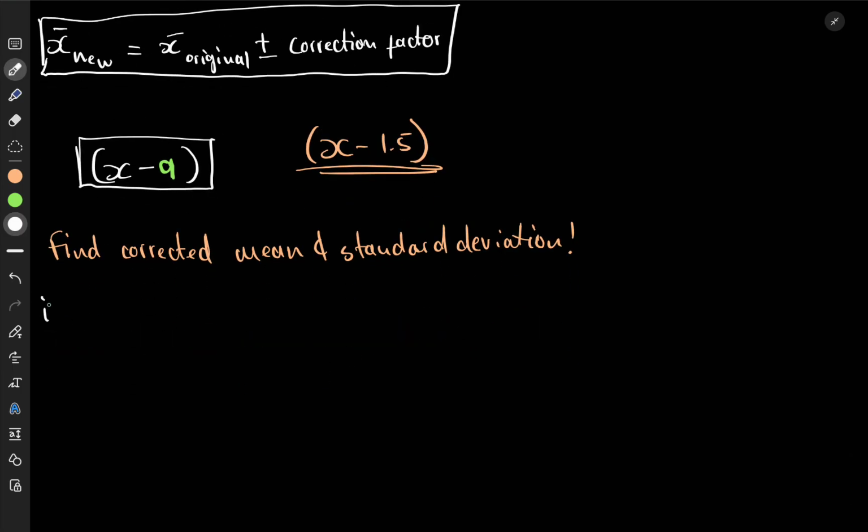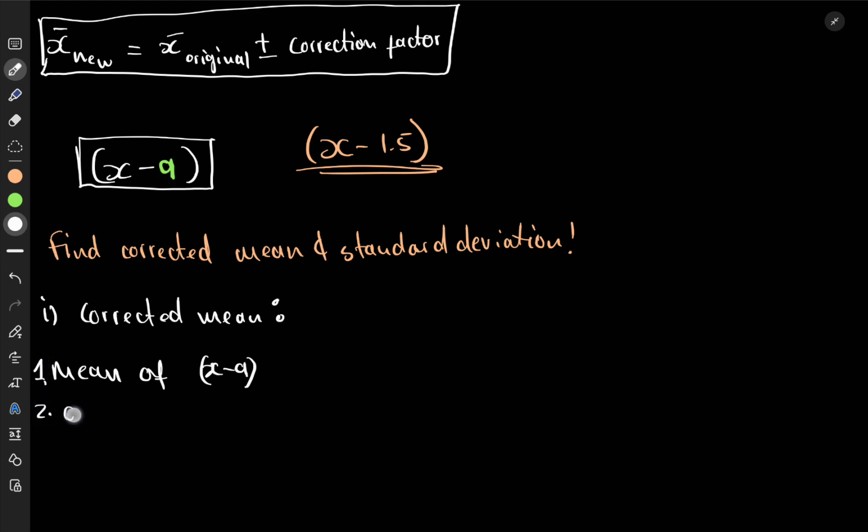To find the corrected mean, here's how you do it. Step number one, find the mean of x minus a.